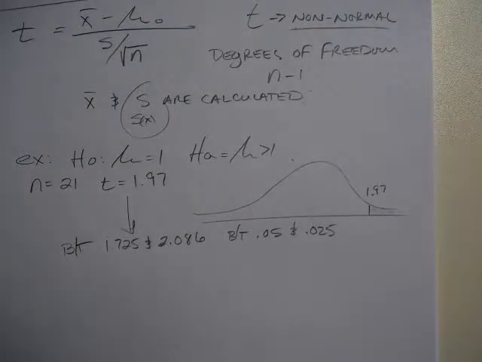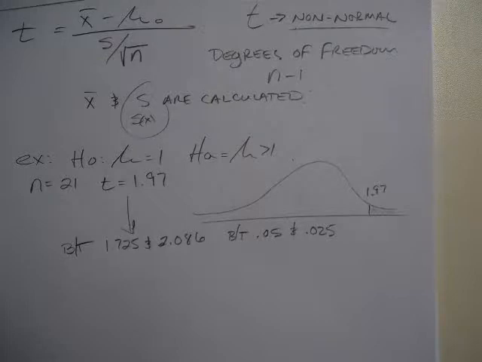Would we reject or fail to reject the null hypothesis with a p-value between 5 and 2.5%? It depends on what alpha you set, doesn't it? But say 5 or 10%, this would be significant, right? So we would reject the null at 5% or greater for sure.